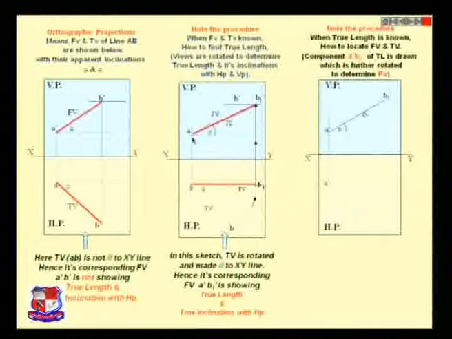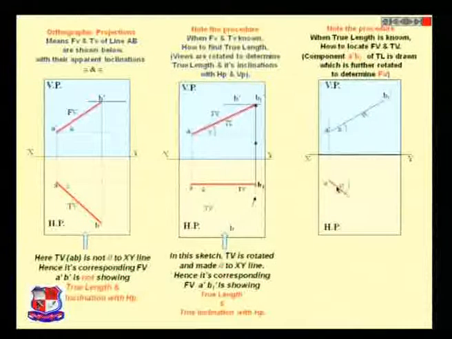The same thing, we are extending. We are just extending this problem itself. I have just drawn A dash and B1 dash, the red line, over here like this. We have got the actual inclination with the horizontal plane as well as the true length.